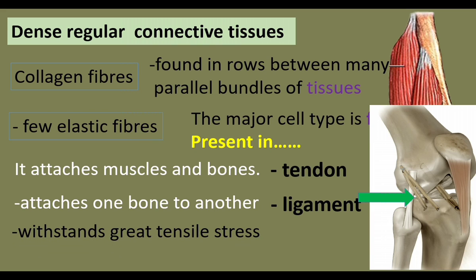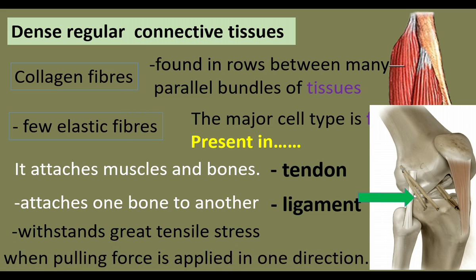The tendons and ligaments withstand great tensile stress. What is stress? Pulling force. When pulling force is applied in one direction, tendons and ligaments withstand great tensile stress.